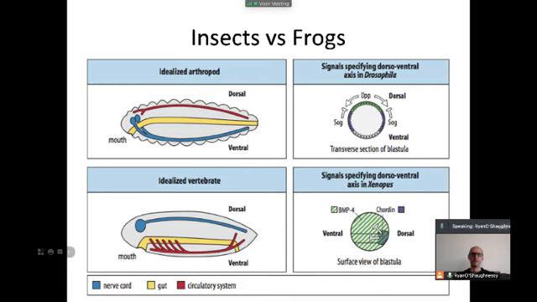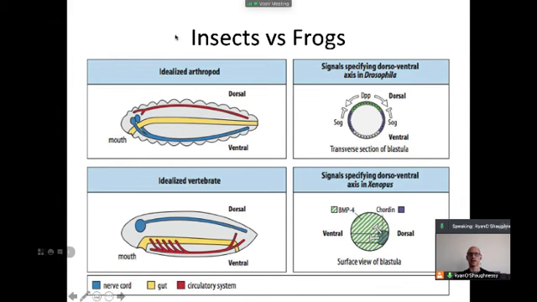So remember that during gastrulation in Xenopus, the blastopore becomes the anus and the mouth is developed last. And so we have these two different uses of the same signaling pathway in these protostomes versus deuterostomes.